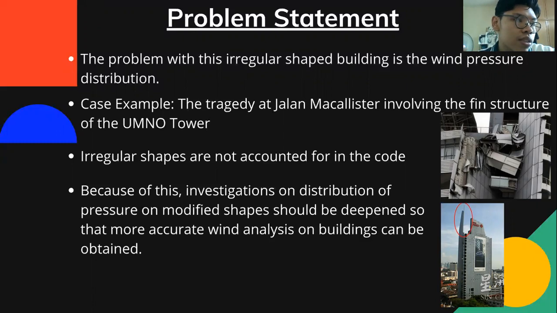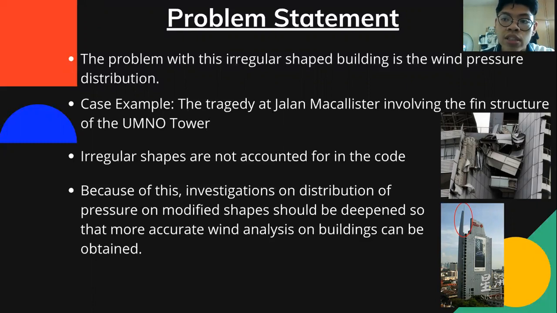There was a huge thunderstorm, strong winds were blowing, and the fin couldn't sustain itself through this really large wind load, so it failed and crashed down 21 stories. The road below was devastated, and one life was taken.